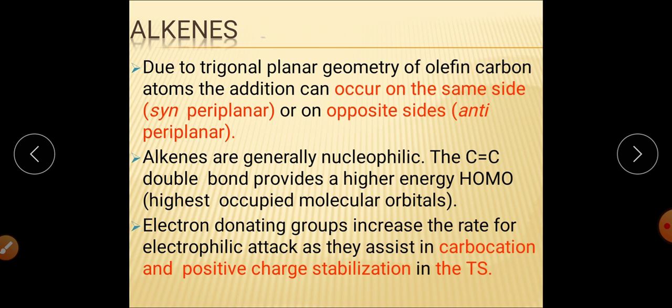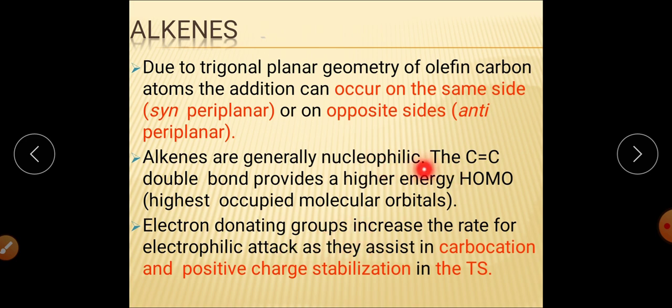Secondly, it is a nucleophilic center because of the double bond character between the two carbon atoms, and this provides a highest occupied molecular orbital that will be of higher energy, right?